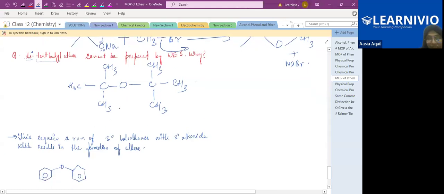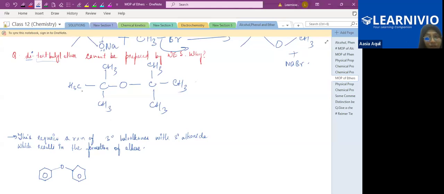As you can see, more bulky groups are present. It would be made from two parts: one the nucleophile, meaning the alkoxide, and the second the tertiary halide. With a tertiary halide, it will be an elimination reaction instead of the nucleophilic substitution reaction, and if elimination happens, you will not get the desired product.